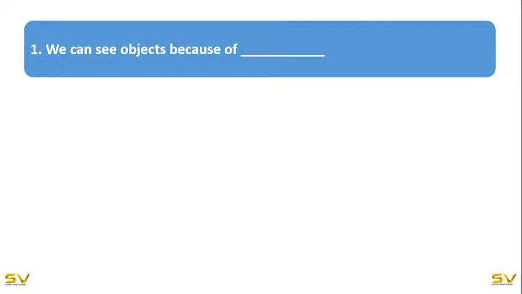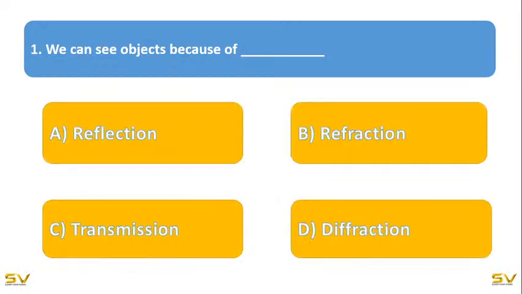This is the first question on your screen. We can see objects because of dash. So we are able to see the objects. Your options are A, reflection, B, refraction, C, transmission, and D, diffraction.